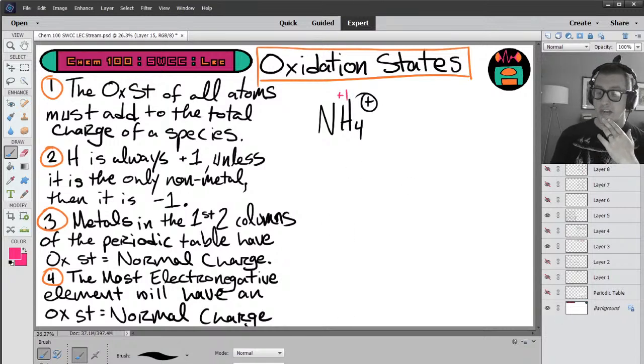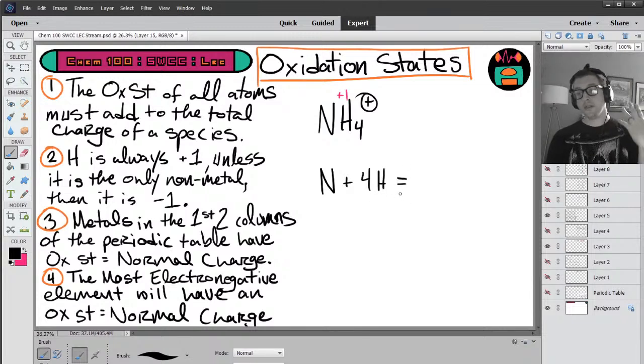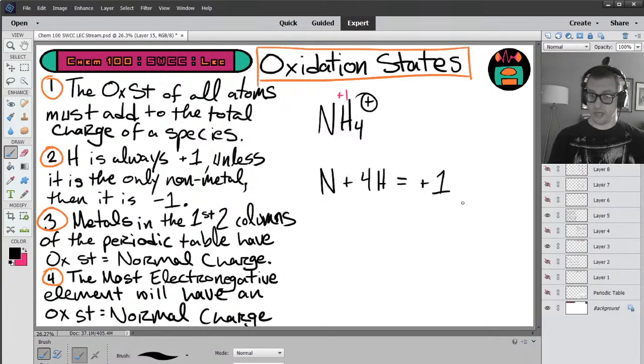Now that we know hydrogen's oxidation state, we can set up an equation because the oxidation state of our nitrogen plus the oxidation state of our 4 hydrogens has to equal the total charge on this molecule, which is a +1. All right? The only difference between a negative charge and a positive charge is the sign, really.